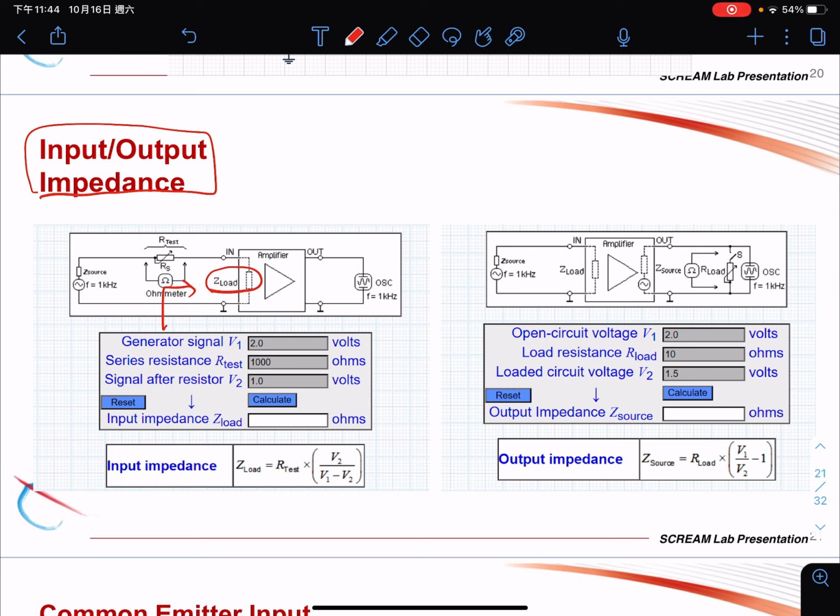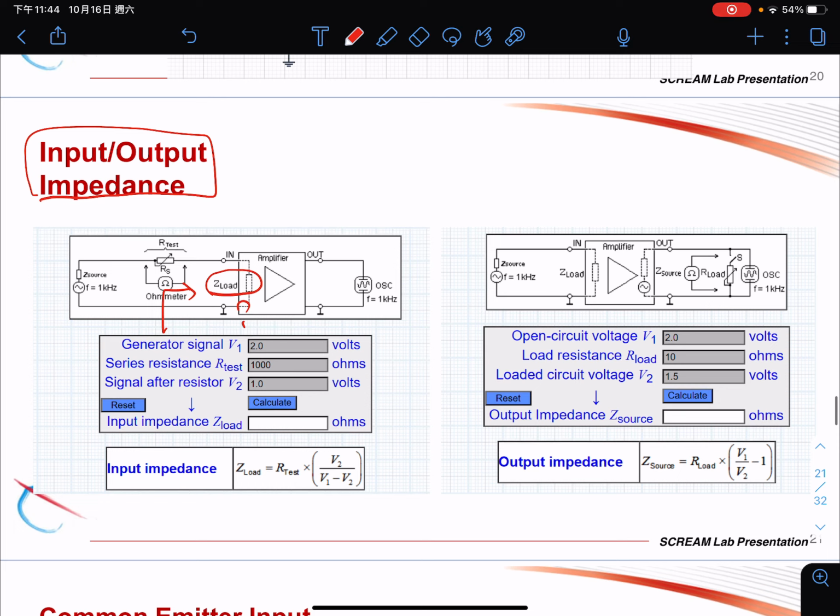But for a circuit that is unknown to us, it is difficult to base it on calculation. So we can use the following method to calculate the input impedance. The input impedance, this result, for example, is unknown. First, we remove the R test here.